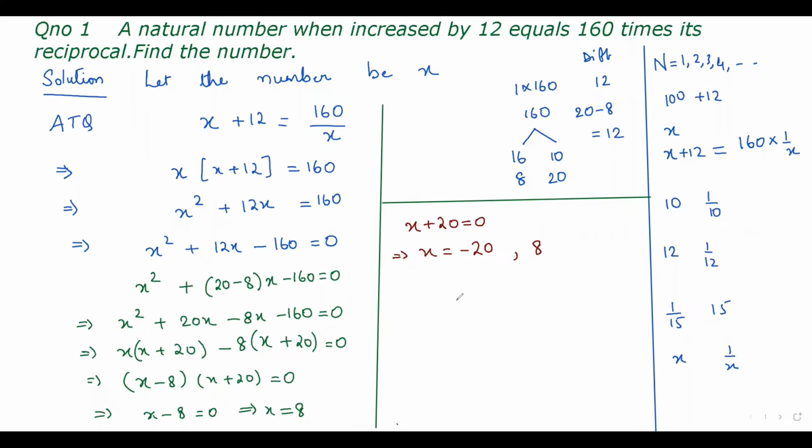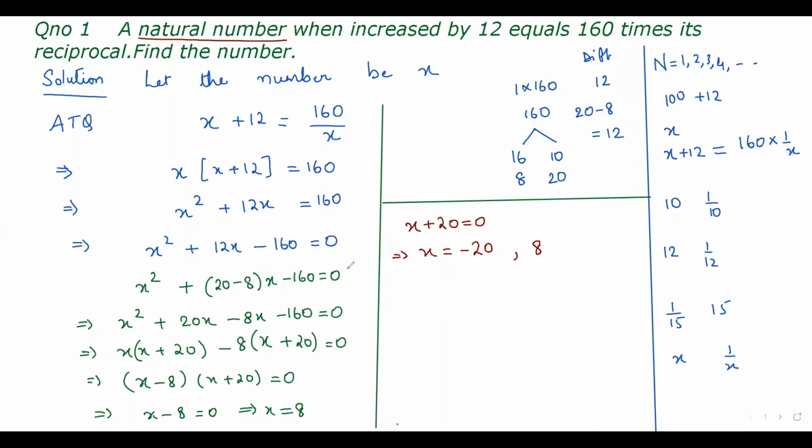Which value should we choose? Which will be the value of x? For that, we just refer to the question. What is given? A natural number. And we know natural numbers are positive numbers. So we have to take 8. We will ignore the negative value of x and take the value of x to be 8.